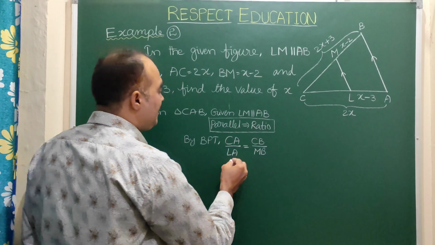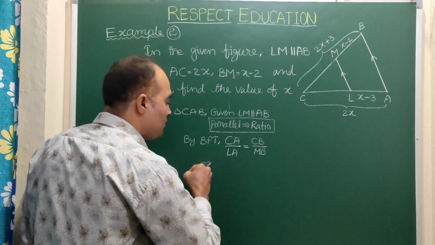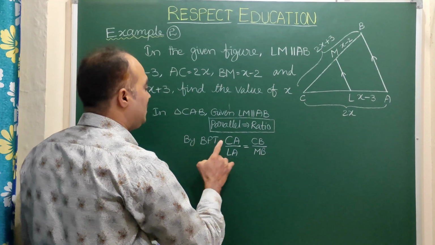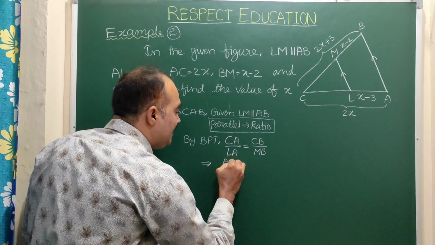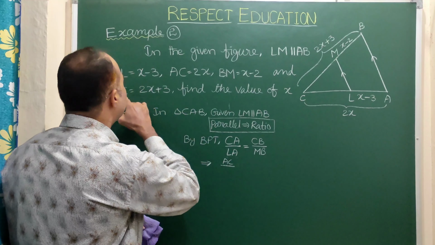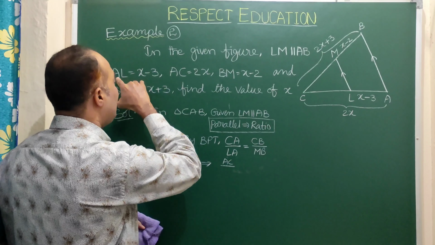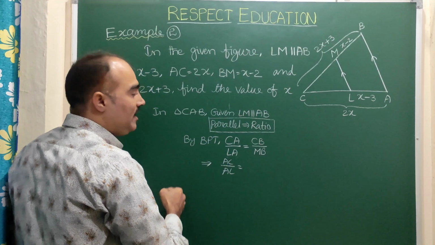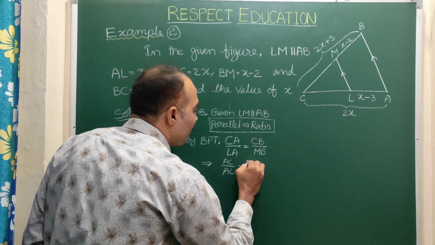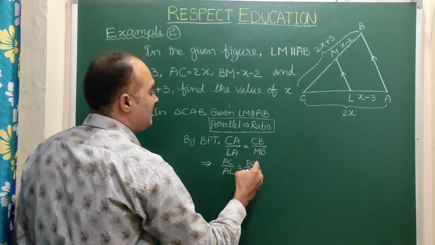Here let us convert this ratio into the known ratio. We can write CA as AC, LA as AL, equal to CB, nothing but BC, and MB nothing but BM.